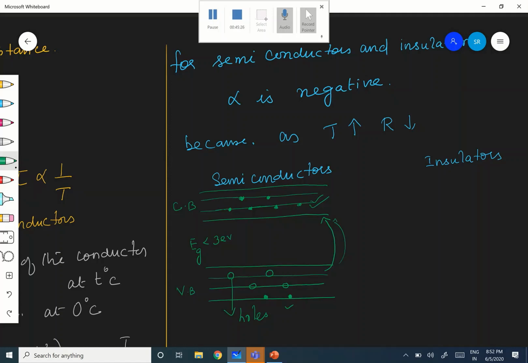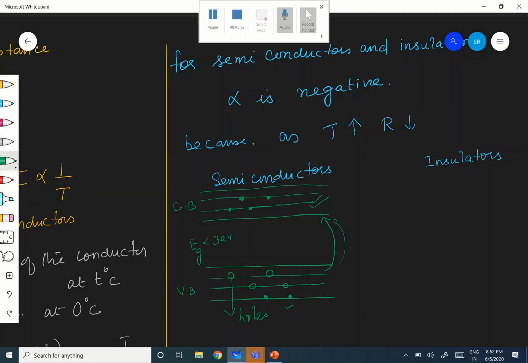Okay, there will be energy levels, and the electrons in the conduction band only are meant for conduction. That is why, as the electrons jump from the valence band to the conduction band, they are now available for conduction. Here Eg is less than 3 electron volt.